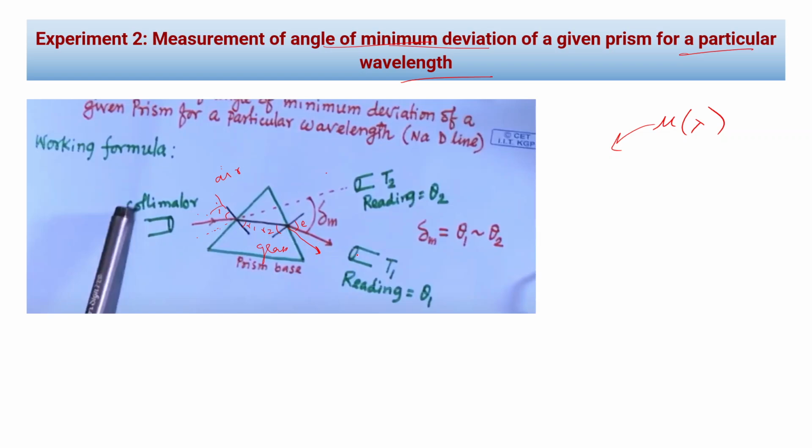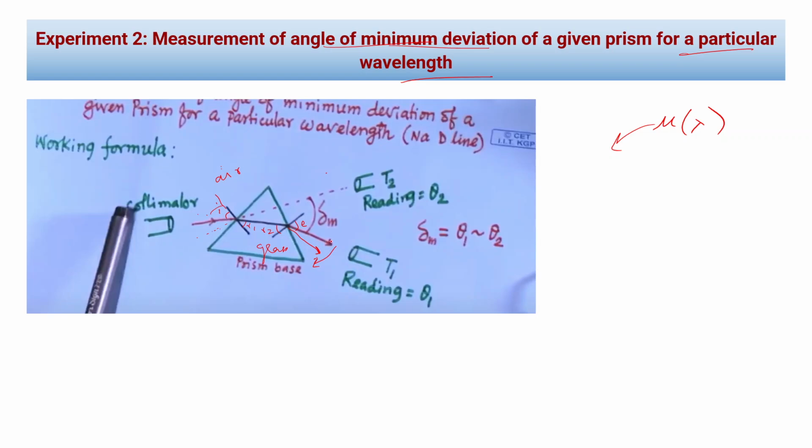We will see this from the telescope: for every case the light will move towards this side, and only at the angle of minimum deviation will it be here. For every other angle it will start shifting towards this side.